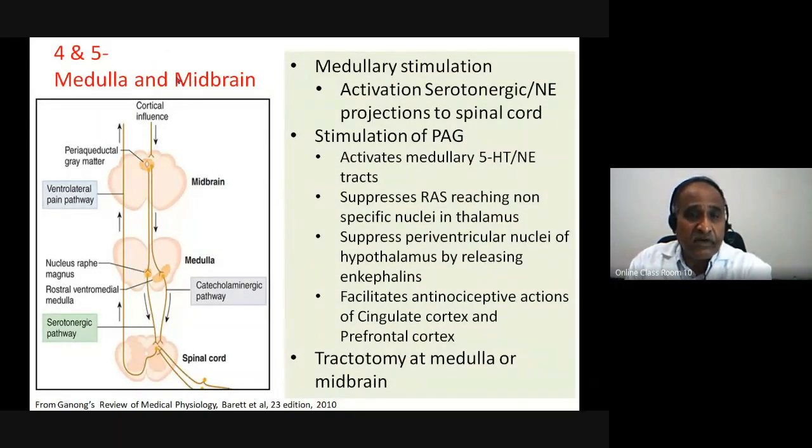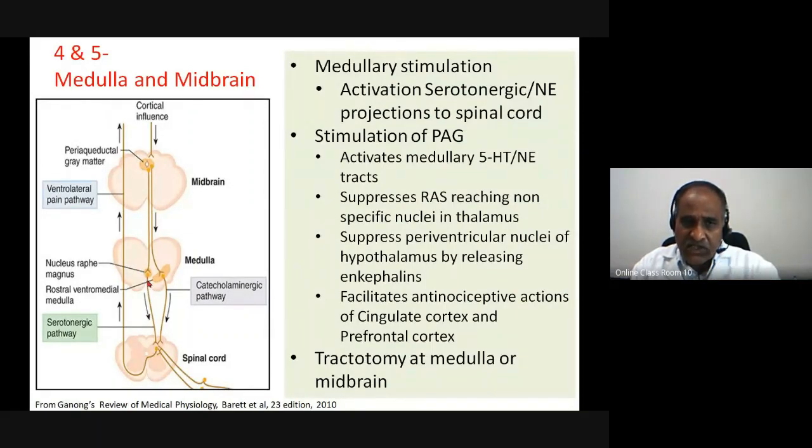strategies using the medulla and midbrain, usually the medullary stimulation or the periaqueductal stimulation. Suppose I insert the electrodes somewhere around here and stimulate this raphe nucleus. This is the raphe nucleus.